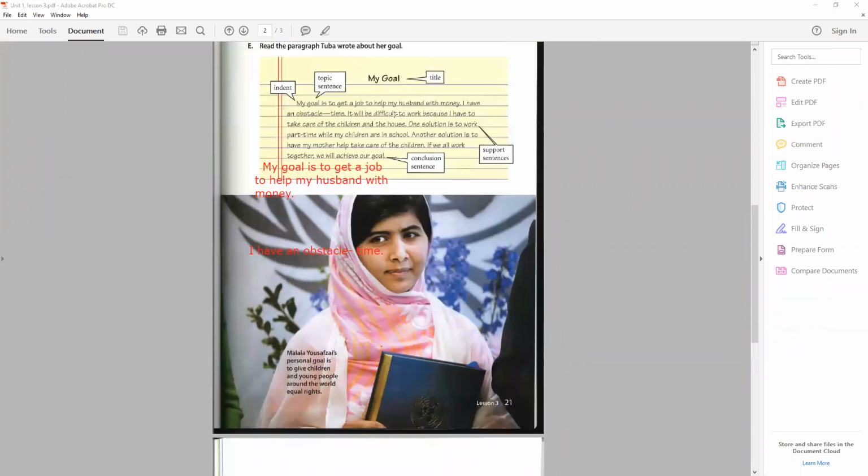Her next sentence is, it will be difficult to work because I have to take care of the children and the house. I understand that, but we're not going to write that because right now I am concerned about her solutions. One solution is to work part-time while my children are in school. That is one sentence. Another solution is to have my mother help take care of the children. That is another support sentence.